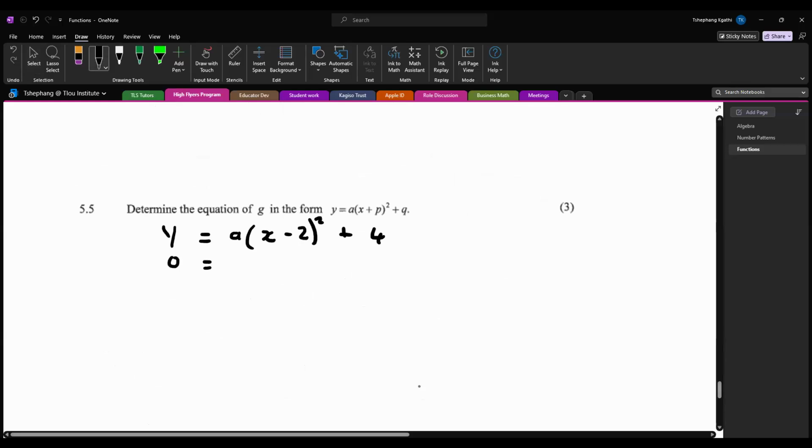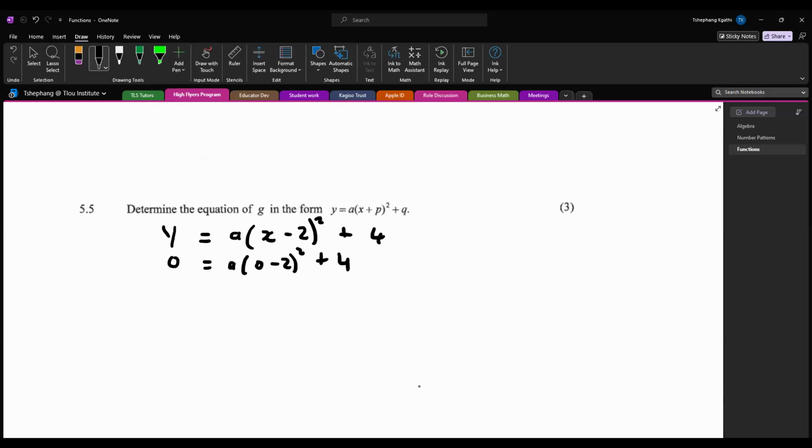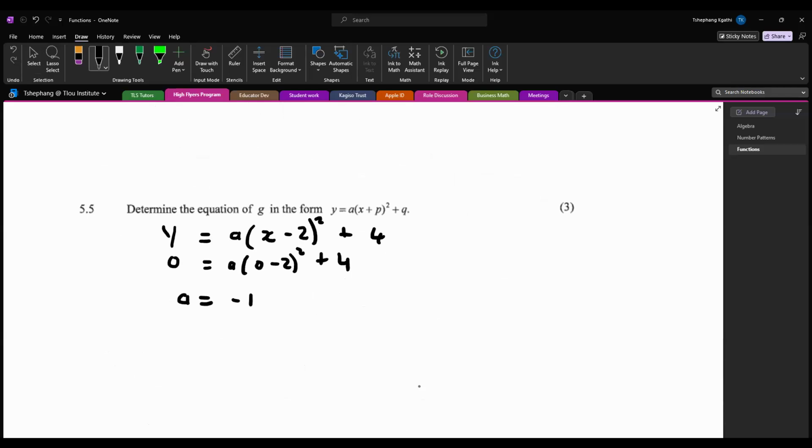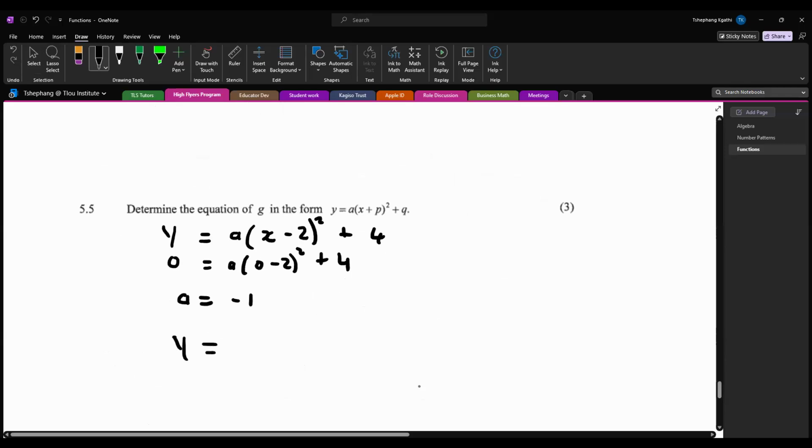So 0 is equal to a into 0 minus 2 squared plus 4. Then we know our a: this is going to be minus 2 squared, which will give you 4. Take the 4 over to the other side. Our a is going to be minus 1 if you divide both sides by the 4. Now we're on the right track because y is equal to minus 1 into x minus 2 all squared plus 4.